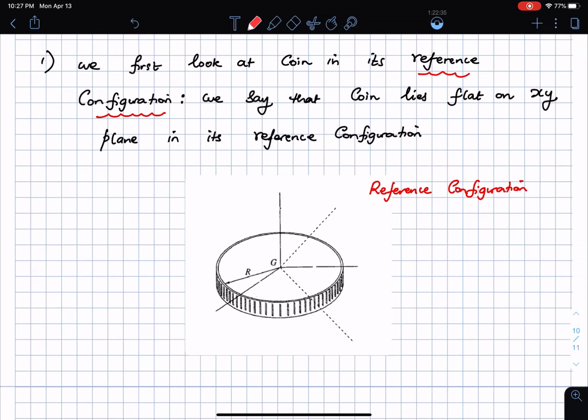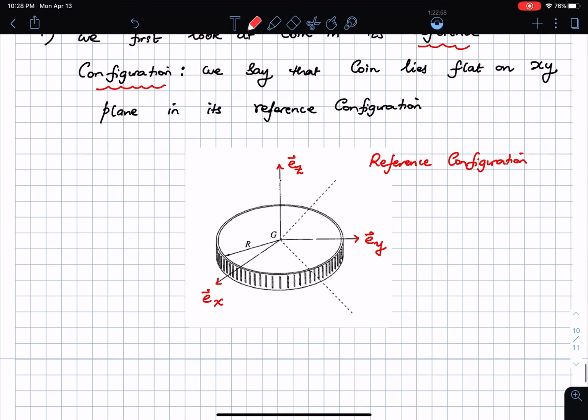And in the reference configuration, I'm going to label the axes. So in this situation, I have my three axes as the following. This is going to be the EX direction, this is the EY direction, and this is the EZ direction. What you can see is that in the reference configuration, if this is the XY plane, the coin has an infinite number of contact points on the XY plane.